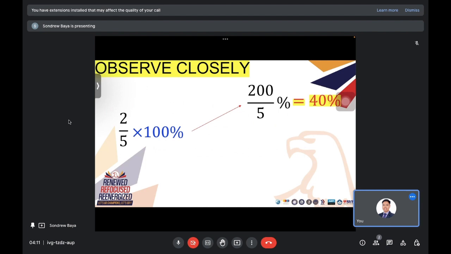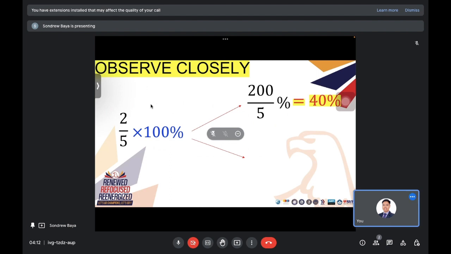Second way, which for me is a lot easier, is instead of multiplying the numerator by 100, which sometimes gives you a very big number. And take note, when you simplify later on, you have to divide that big number by the denominator, just like 200 divided by 5 gives you 40.